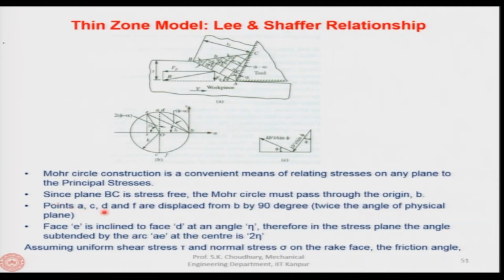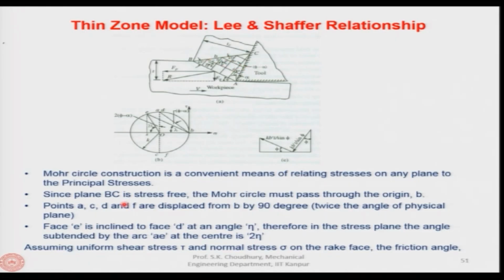Points A, C, D, F are displaced from B by 90 degrees. Which are points A, C, D and F? These are here. This is A that you can see, D is this plane, this plane is F, and so on.